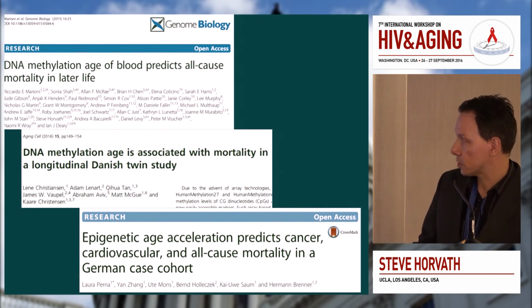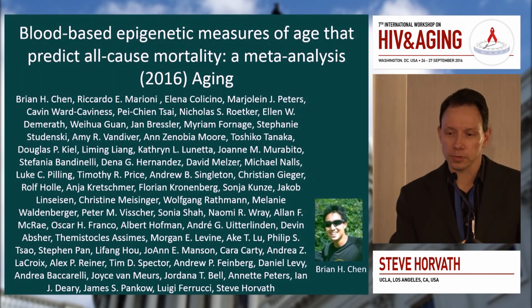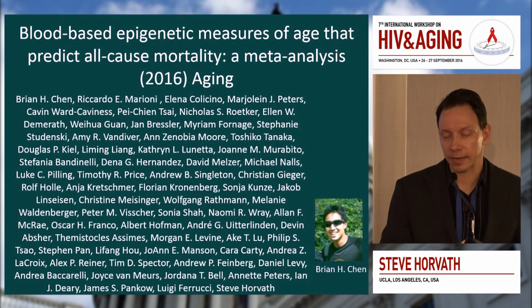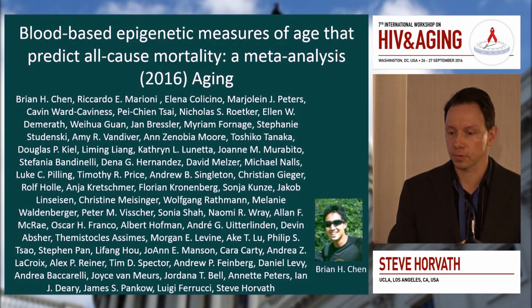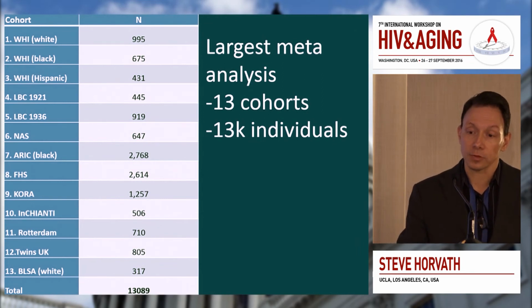Then there was a Danish study that showed it and a German study. I want to tell you, tomorrow a paper will come out where we carried out a very comprehensive meta-analysis. This was an effort led by Brian Chen, Luigi Ferrucci, and many others, where we analyzed 13 different cohorts, in total over 13,000 people.